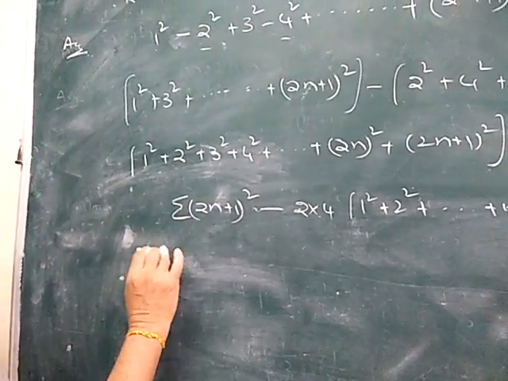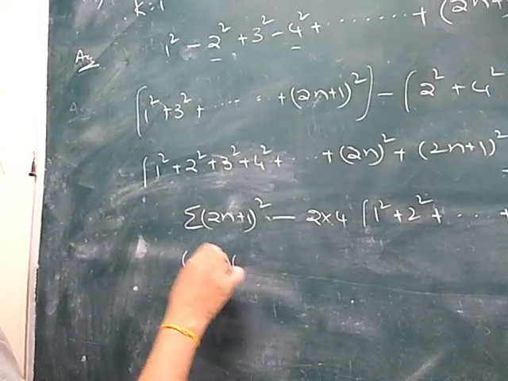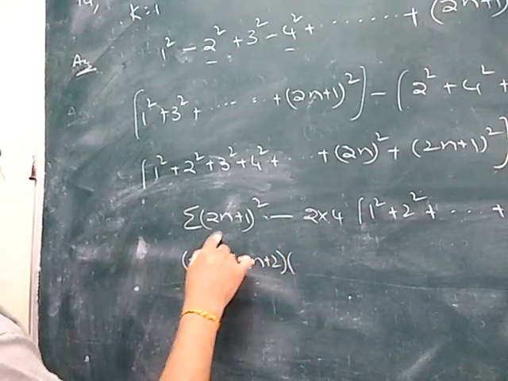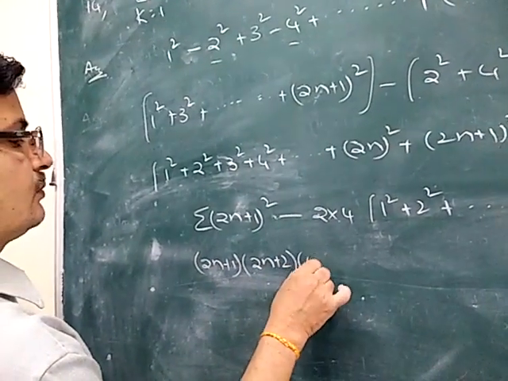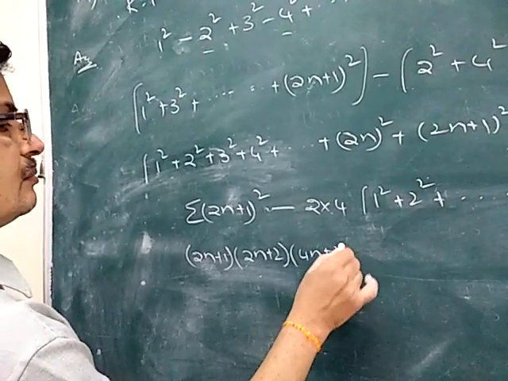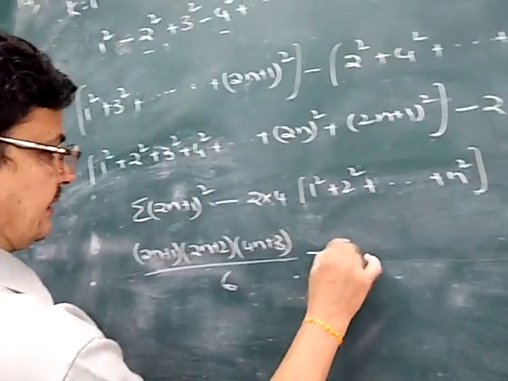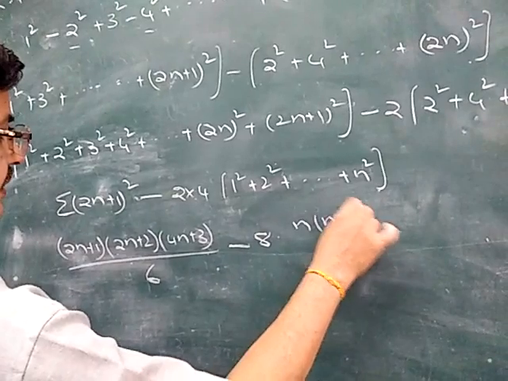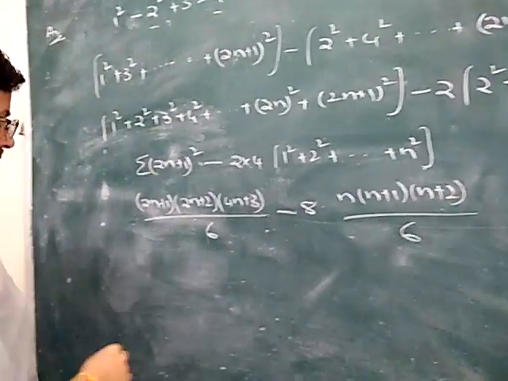Sigma n square means n into n plus 1, where n is 2n plus 1 into n plus 1, 2n plus 2 into 2n plus n into n plus 1 into 2n plus 1, that means 4n plus 2 plus 1 means 3 by 6 minus 8. Sigma n square means n into n plus 1 into n plus 2 by 6.